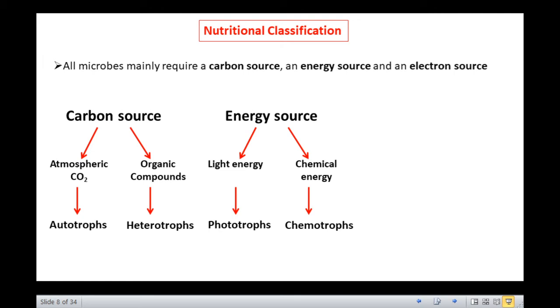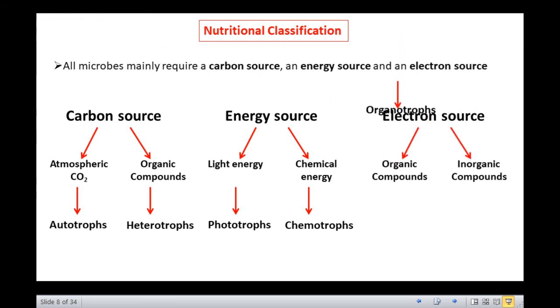Microbes that obtain their electrons from organic compounds are called organotrophs, while those that obtain electrons from inorganic compounds are called lithotrophs.